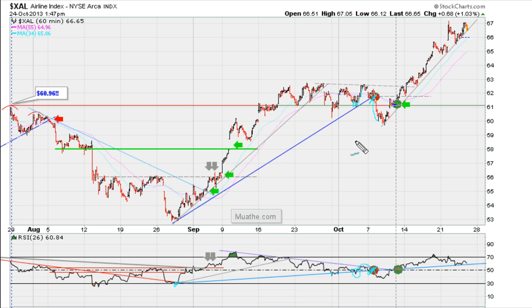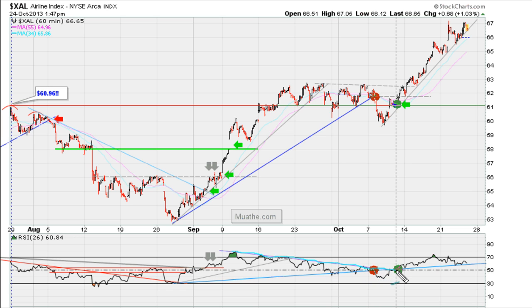The next time to get back into the airline index is, let me take that off, when the airline index moves above the blue line, back above after moving below it. Once it moves back above this blue line, which is this level here, and also interestingly enough, it connects to the highs here.